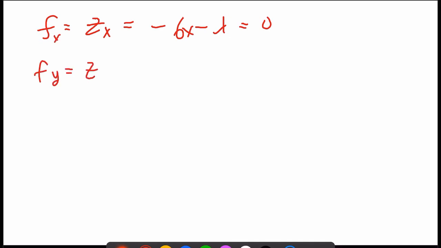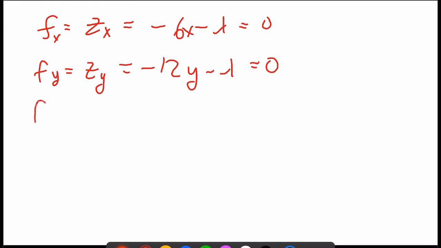And we're going to get z_x equals minus 6x minus lambda equals 0. So you can say f of x, or you can say z of x. And you can say f of y, which is z_y, is minus 12y minus lambda equals 0.